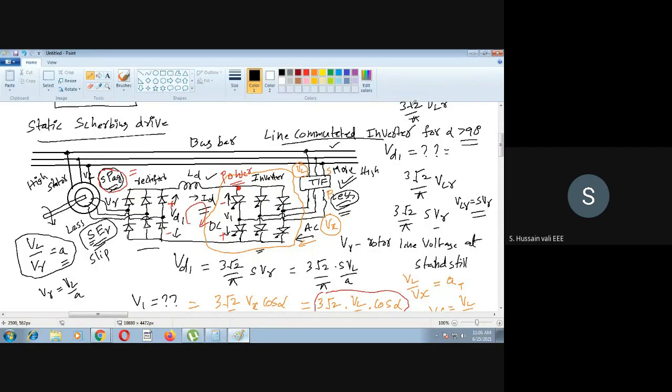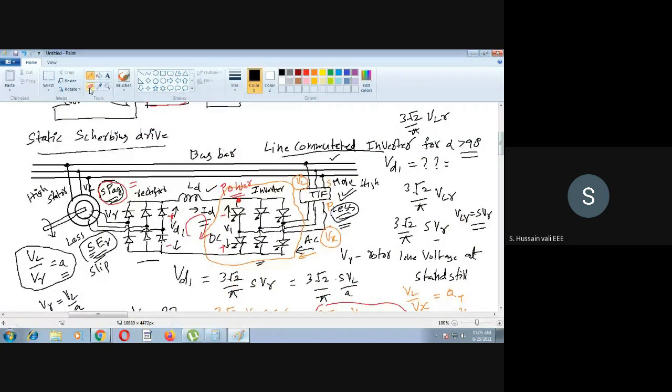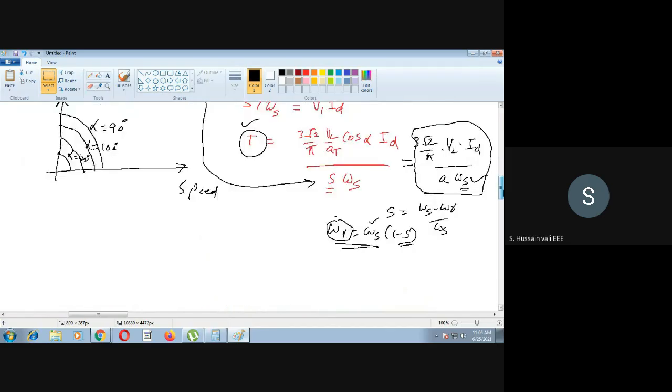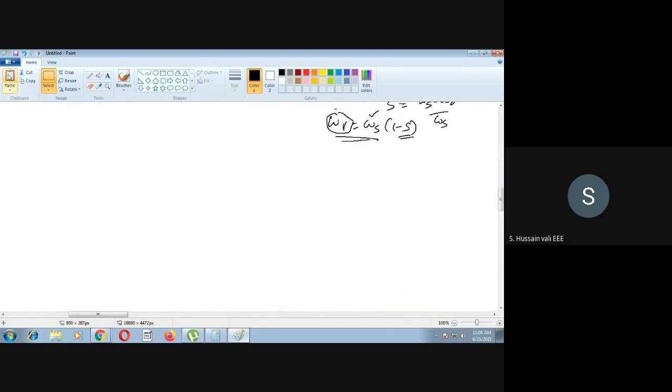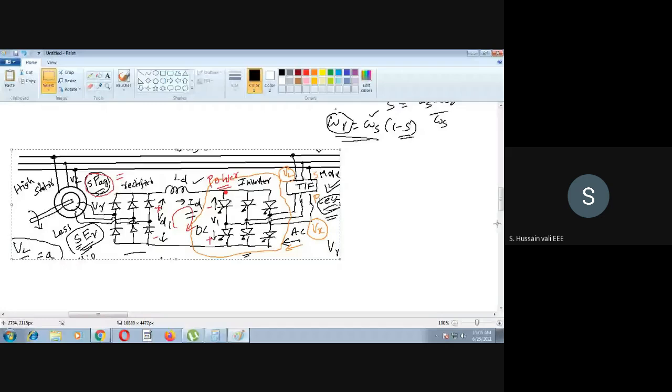Rather than redrawing, I will just copy this entire picture. The only difference I will tell you here: everything is the same except instead of having the diodes, you have the thyristors. So I will just highlight this in the picture so that I don't need to redraw the picture once again.